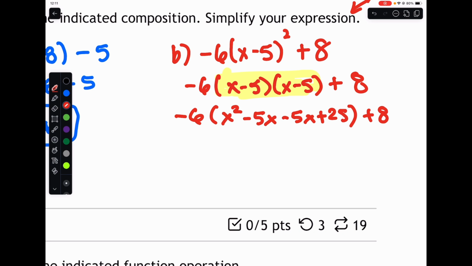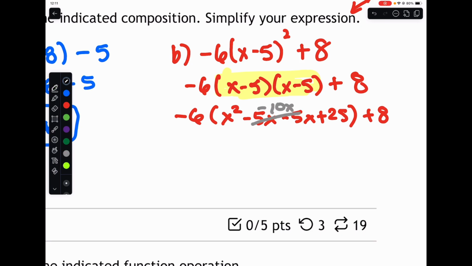Now what we could do is distribute. We could now distribute and multiply all of these values by negative 6. And as you can clearly see, we have a set of like terms. So this is technically negative 10x.